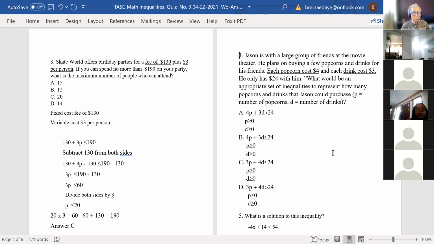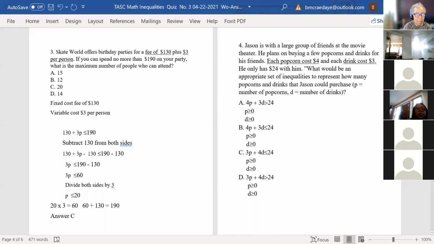The popcorn is $4 each. The drinks are $3 each. And the popcorn and the drinks must be greater than or equal to 0.